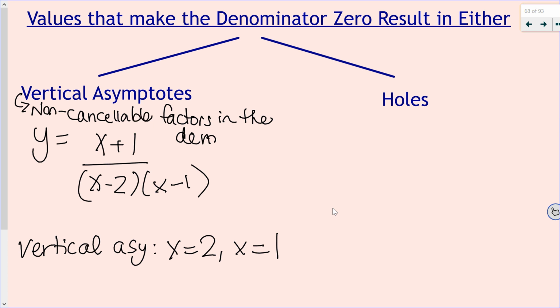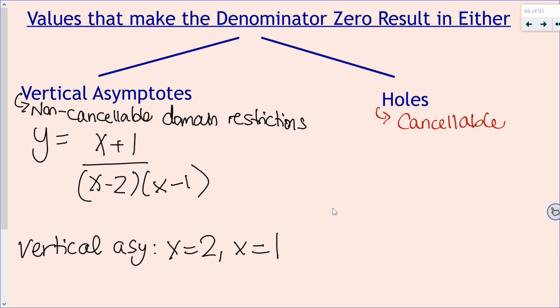Let me say it this way: non-cancelable domain restrictions. None of these canceled out. Whereas a hole can occur if you have cancelable domain restrictions.